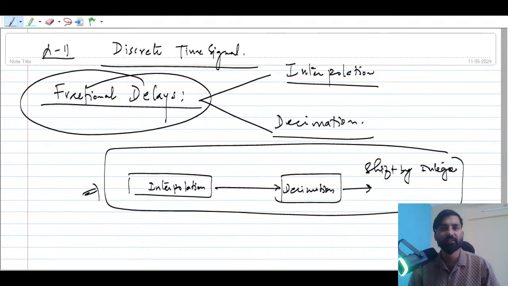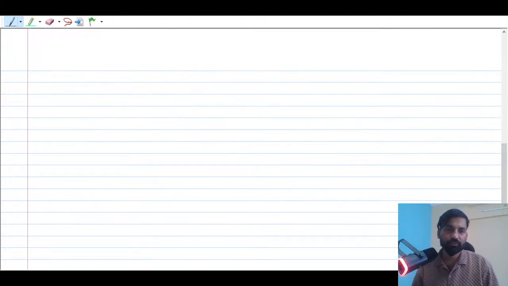You might recover the original sequence, or you might not; both cases are there. But if you go for interpolation, then you can go for decimation, because decimation is nothing but the inverse of interpolation. Fine.